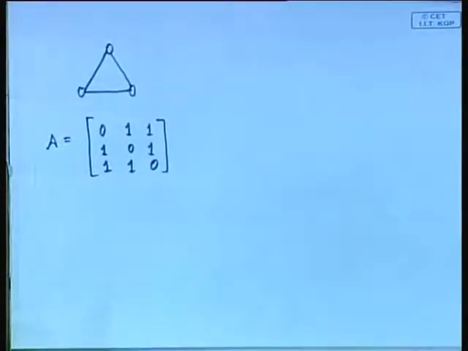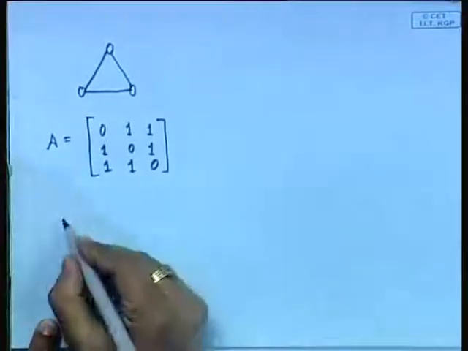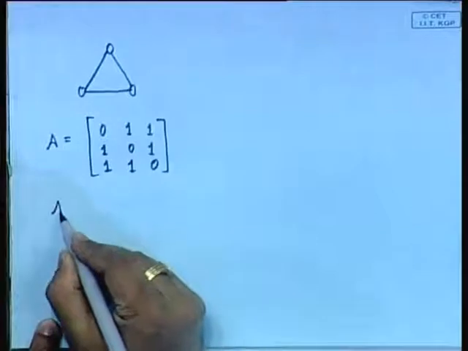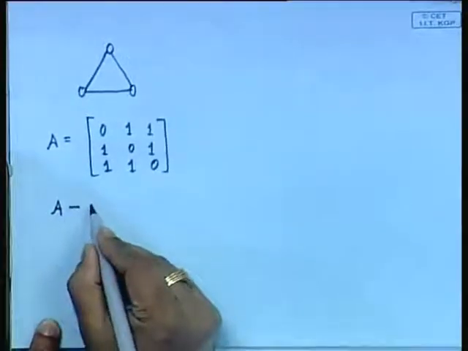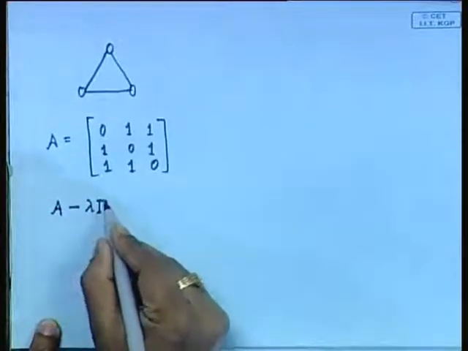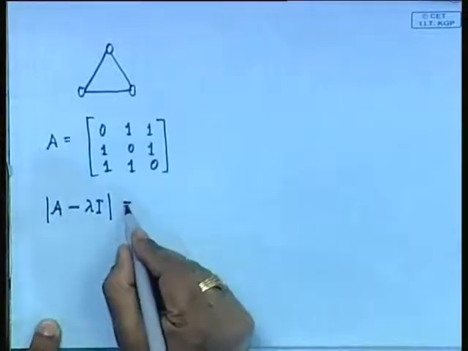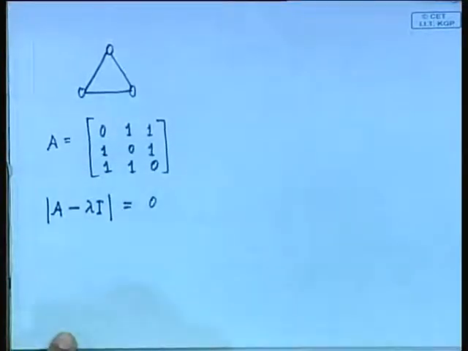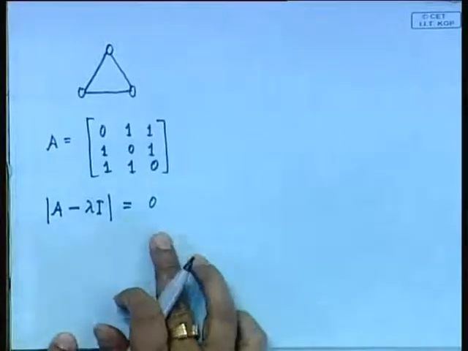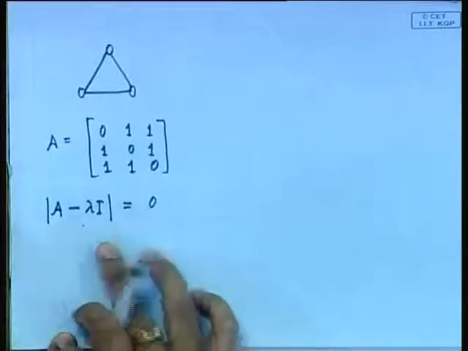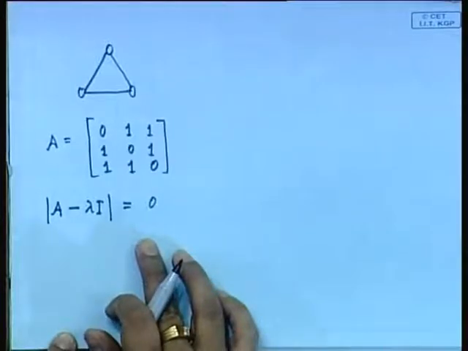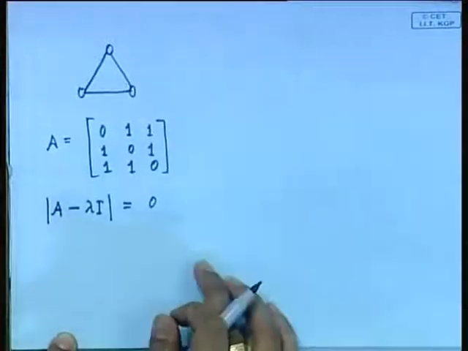Now, you want to find the eigenvalues of this graph. How do you go about it? So, you set the determinant of this to 0 and you try to solve this equation. This comes from the very basic equation of eigenvalues, which is A x equal to lambda x.